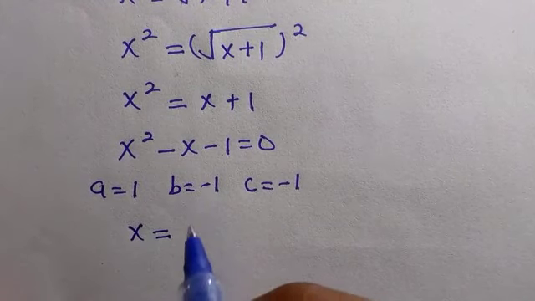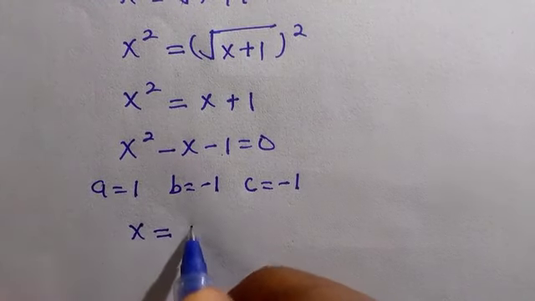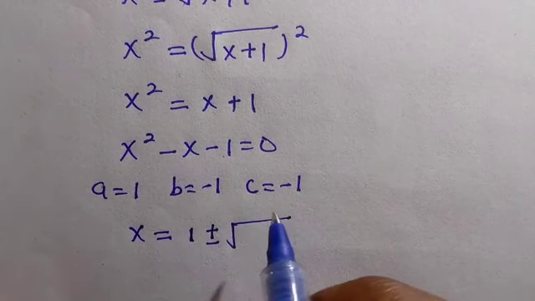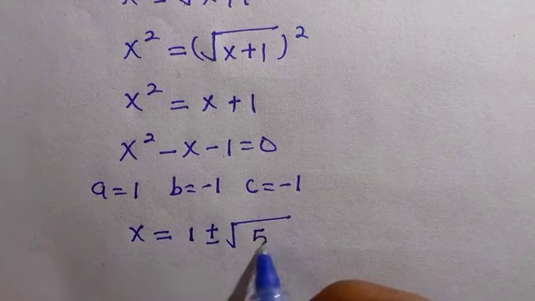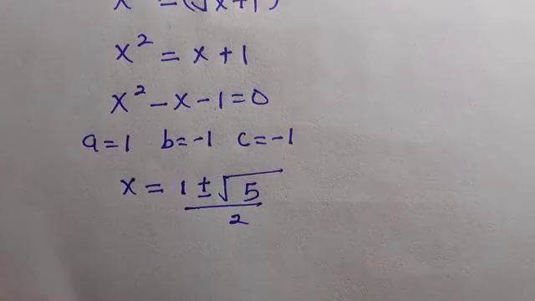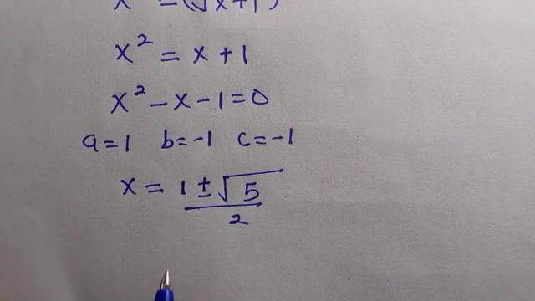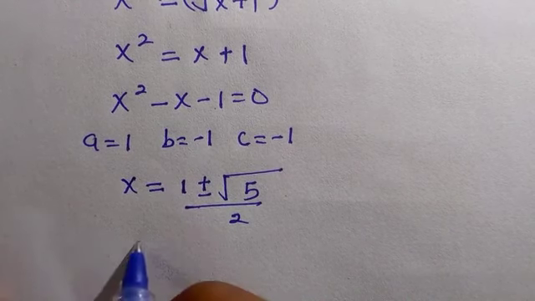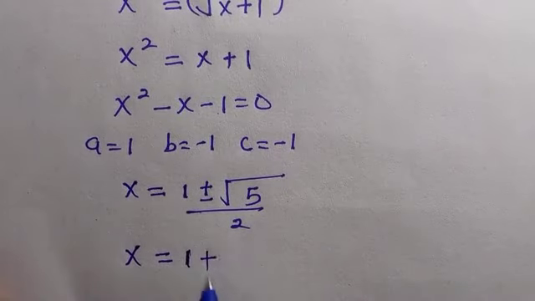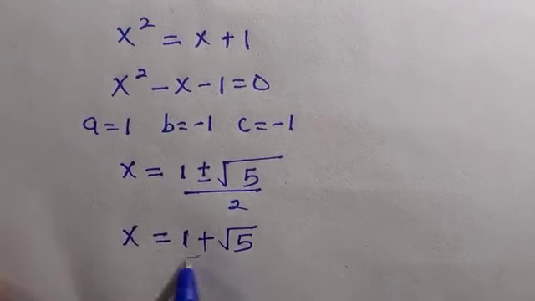Here we have x equals minus b, and since this is minus 1, we have 1 plus or minus the root of the discriminant, which becomes 5, then divided by 2. From the conditions stated above, we're only going for positive, so x equals 1 plus root 5 divided by 2.